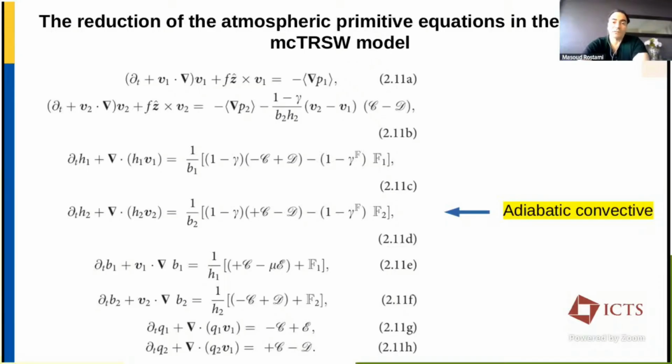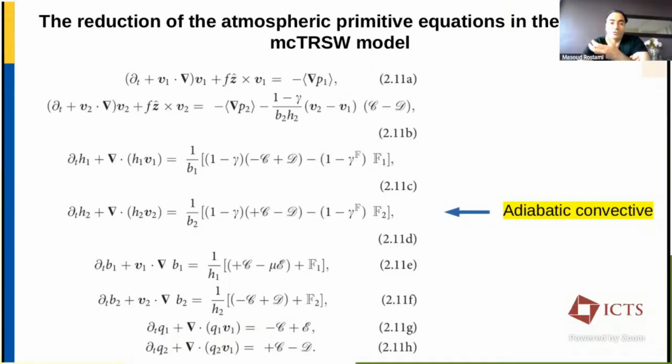At the beginning, we were thinking about how we can include condensation in the shallow water system. So condensation in our previous works looks like a sink of mass.